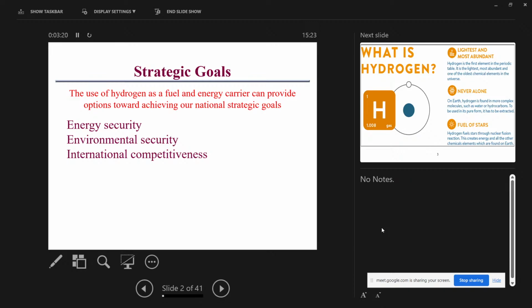International competitiveness is another example, because every country is now coming up with the latest technological developments. So in mankind, India is going to play an important role and become the fifth largest economy in the world.